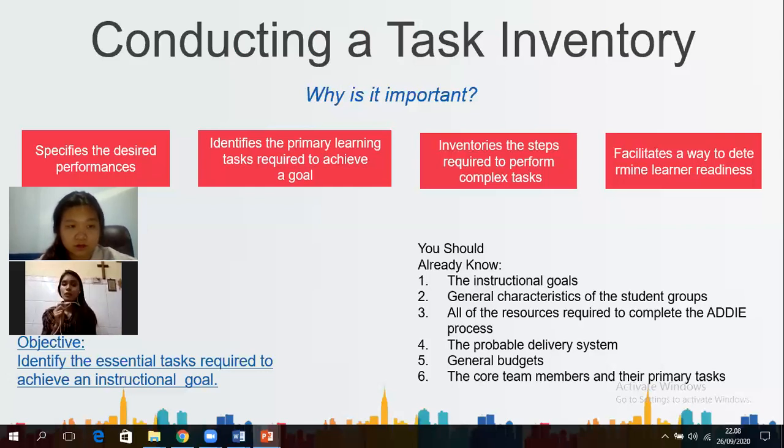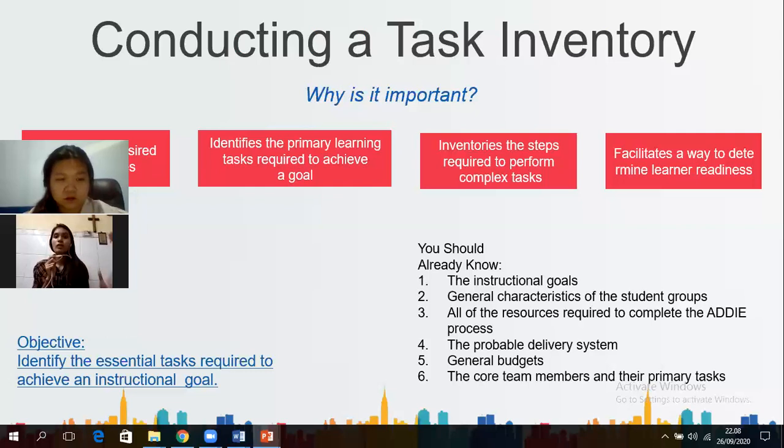And then the second reason, it's important because it identifies the primary learning tasks required to achieve a goal. All the tasks that the teachers use have to be required to achieve the goal that the teachers want the students to achieve.